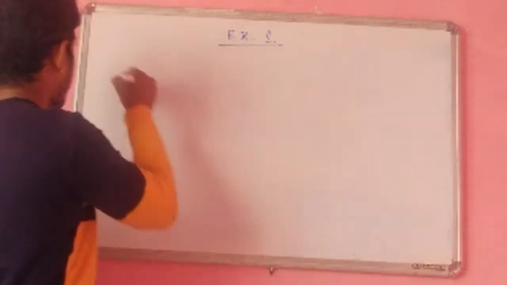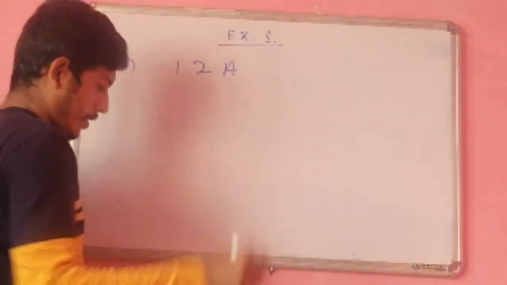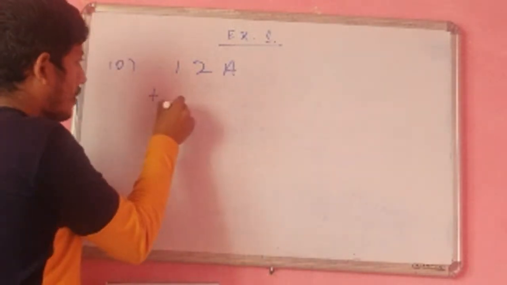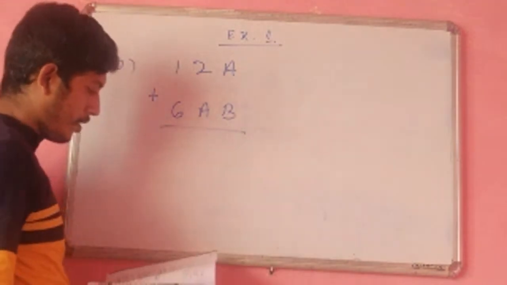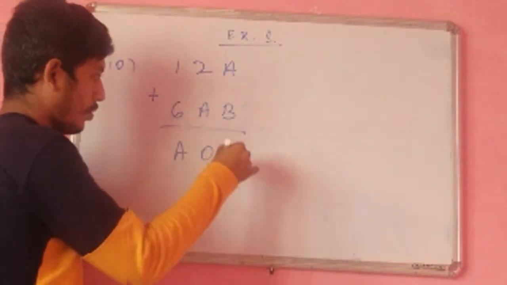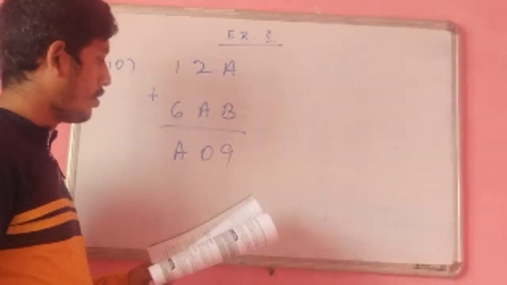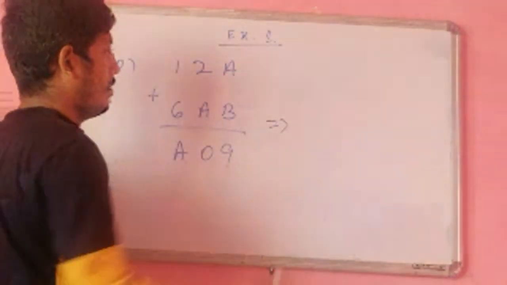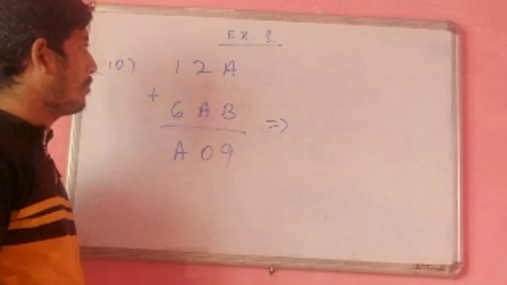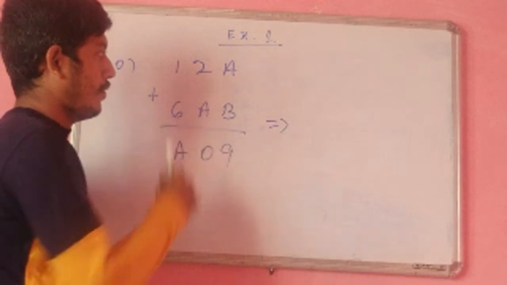The problem is 12A plus 6AB that must give A09. 12A plus 6AB gives A09. So now we have to substitute the value. By considering the value of A in this case, we have to solve this.